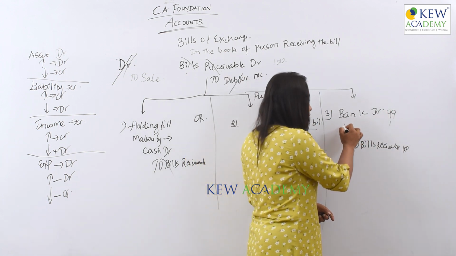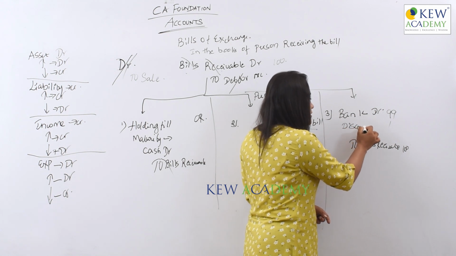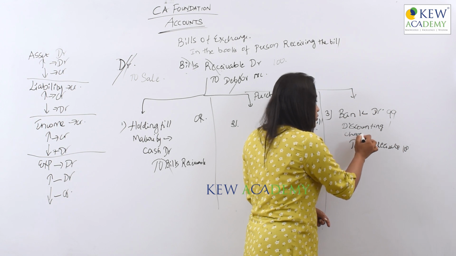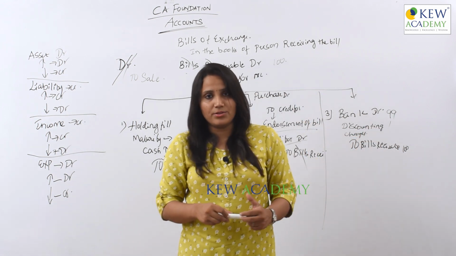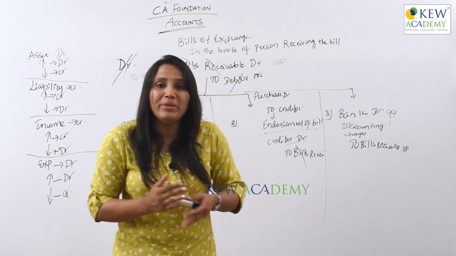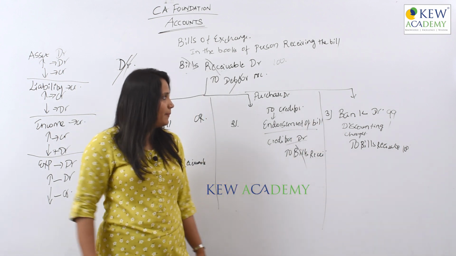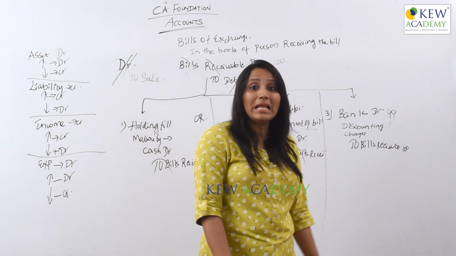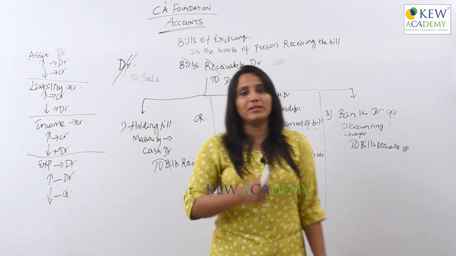Bank is going to charge something called discounting charges. What is the bank going to charge? Discounting charges. Isn't it they're giving me an immediate funding based on my bill? Yes or no?